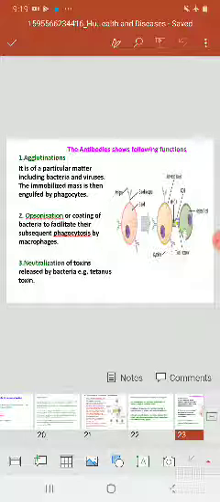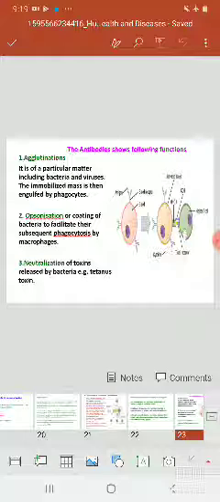The antibodies show the following roles. Agglutination of particulate matter including bacteria and viruses. The immobilized mass is then engulfed by the process of phagocytosis, the engulfing of the microbe.